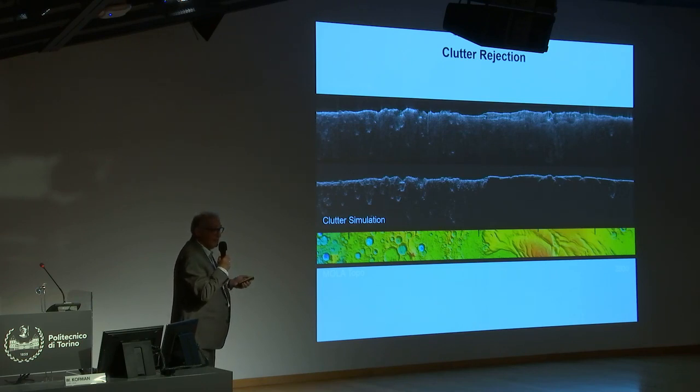This is why we need to run the simulation of the surface reflection, which we call clutter simulations. You see that these points here, corresponding to this kind of echo, are just coming from the surface. It's what I showed you before, that there is mixing of the surface and subsurface echo due to the time resolution. This is just a topographic map under the orbits.